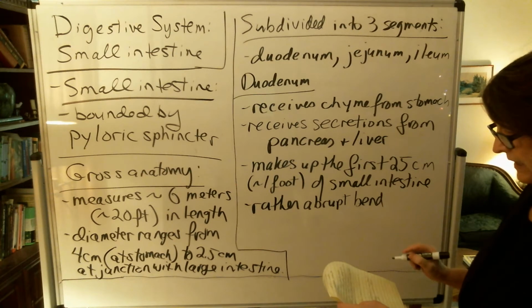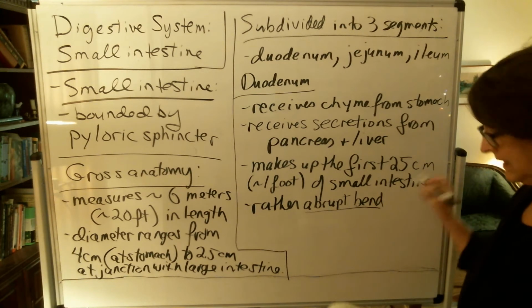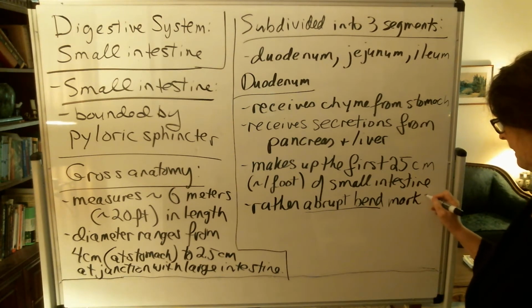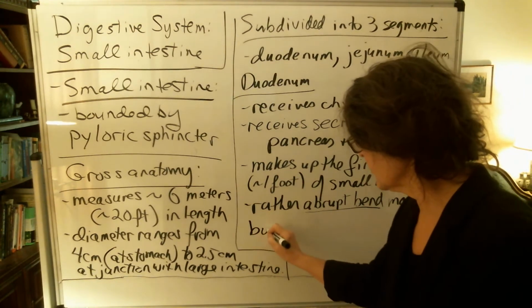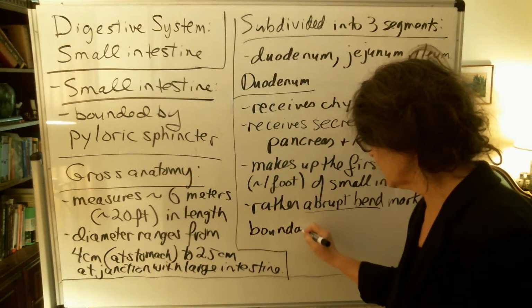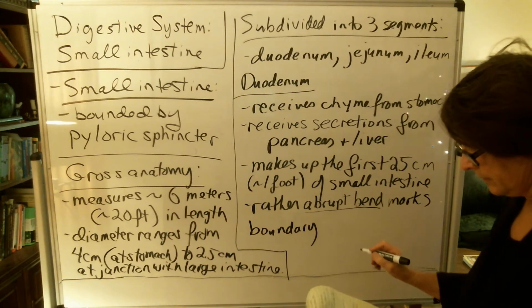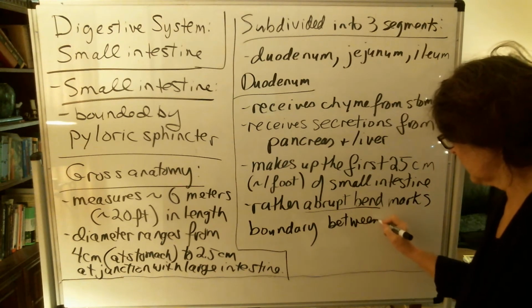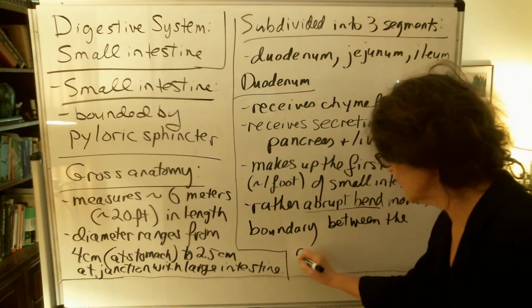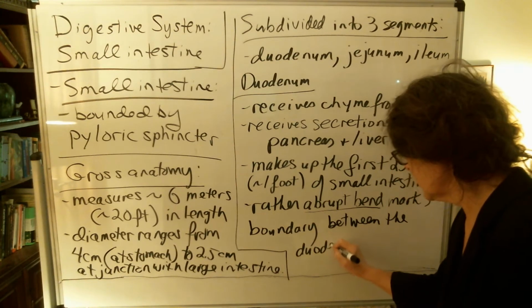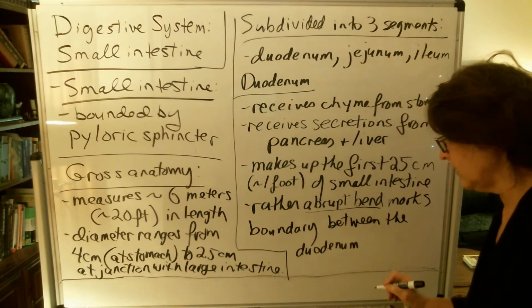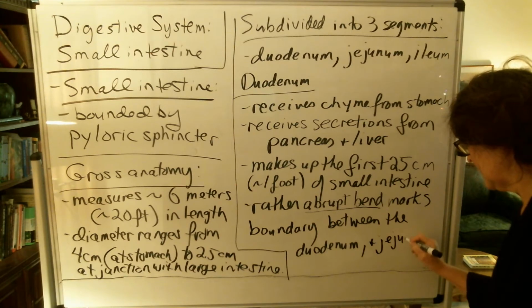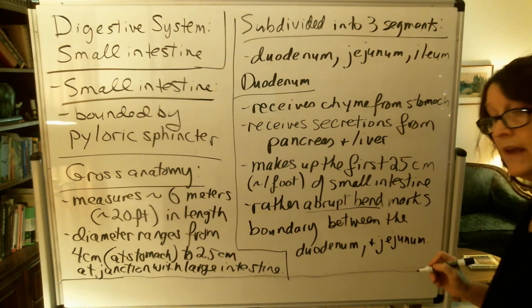So there's an abrupt bend in the small intestine that marks the boundary between the duodenum, the first part of the small intestine, and the jejunum, that second part.